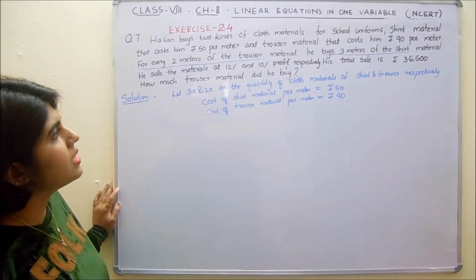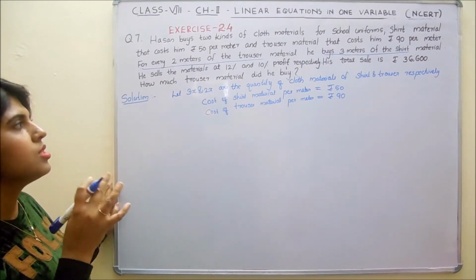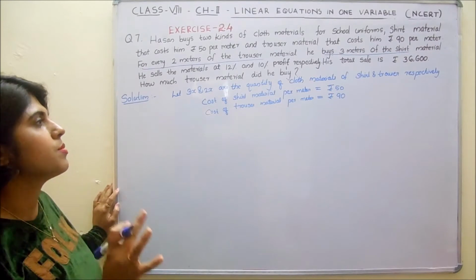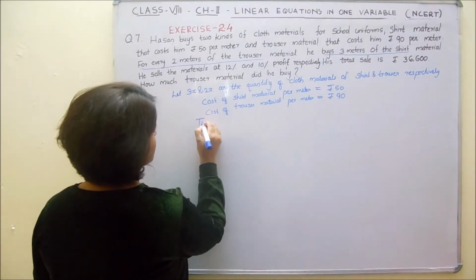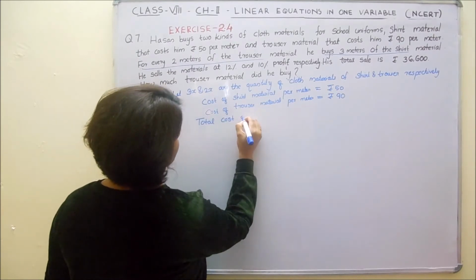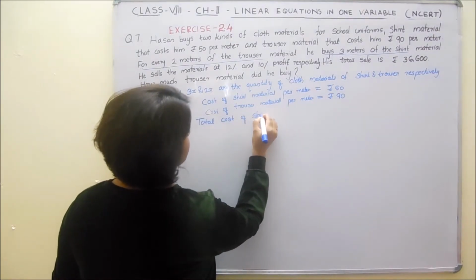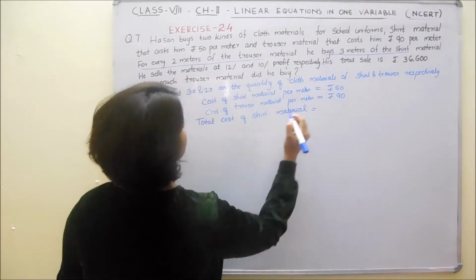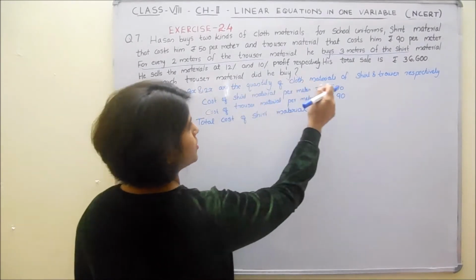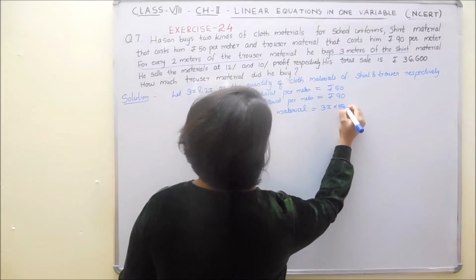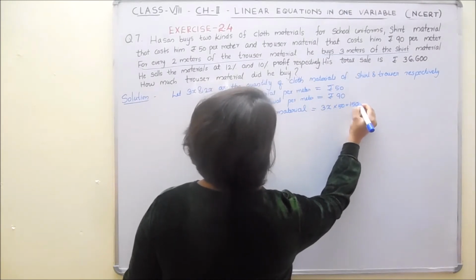Now we can find the total cost of shirt material and total cost of trouser material. What would be total cost of shirt material? Total cost of shirt material equal to 3x into 50, which is equal to 150x.